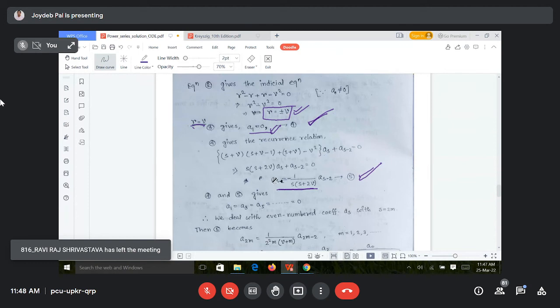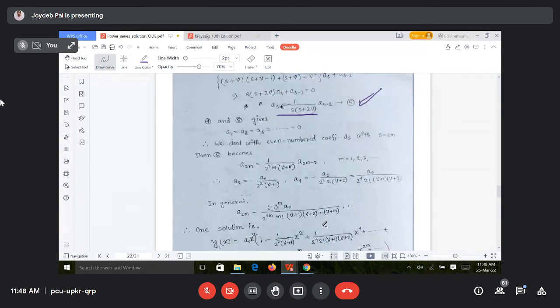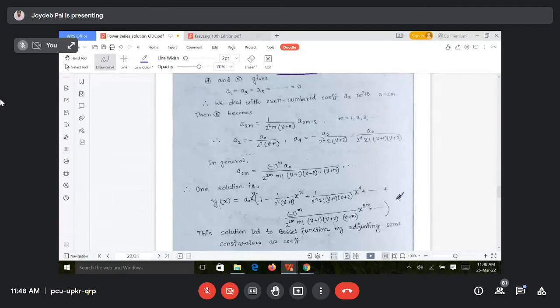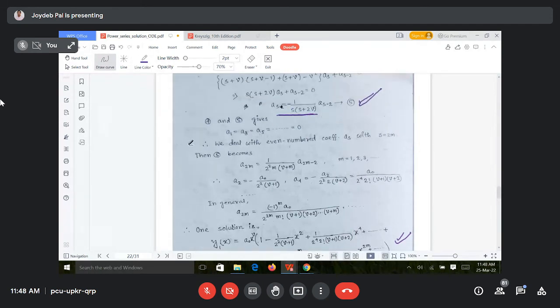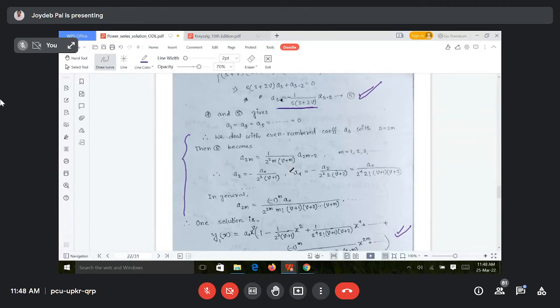Now you just find a2. a2 will come in terms of a0. Similarly, a4 you can also write in terms of a0. And finally, you can write the series, you can write the solution. Actually, here we have done some arrangement to find the Bessel function.